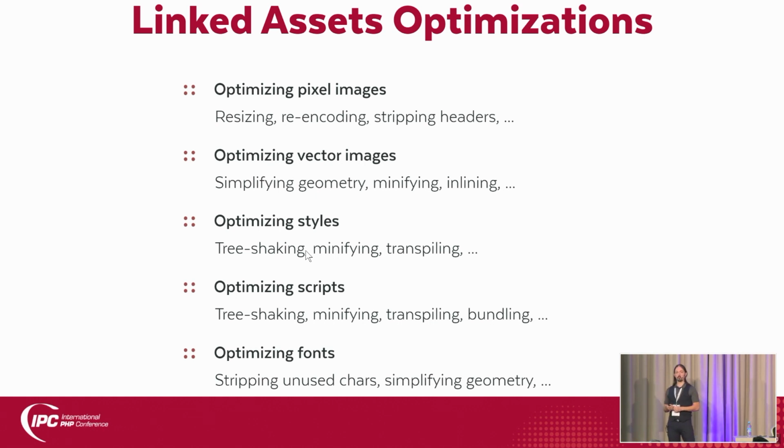You can, for example, re-encode your images to take up less space, which means that they will be transferred faster to the user's browser. You can optimize the styles and the scripts in different ways by minifying, by tree shaking, doing all sorts of reduction mechanisms.